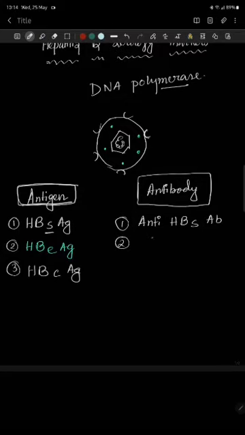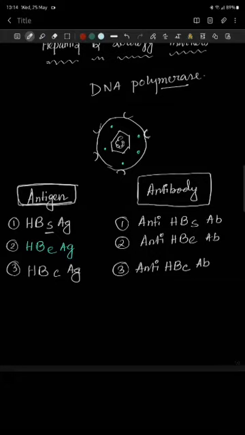For hepatitis B E antigen, the antibody is anti-hepatitis B E antibody. For hepatitis B core antigen, the enemy is anti-hepatitis B core antibody.